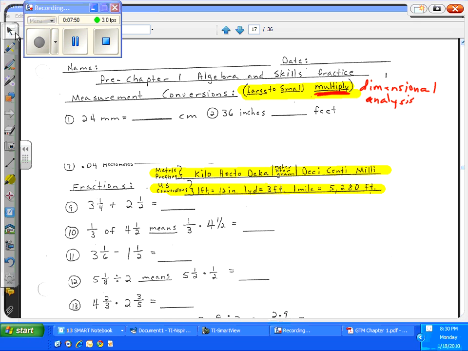When we're using dimensional analysis, we're going to take what we start with, and we're going to multiply that by our scale factor. So what we're starting with here is 24 millimeters, and we're going to put it over 1 to make it a fraction, and we're going to multiply by a fraction.